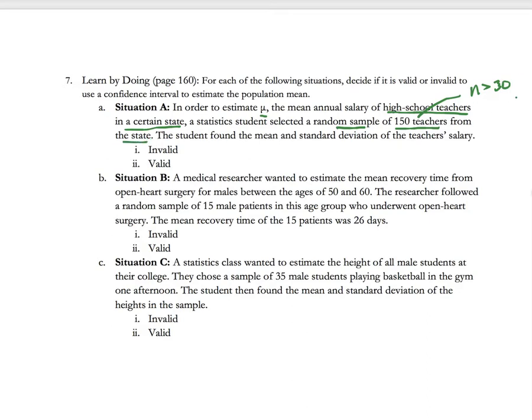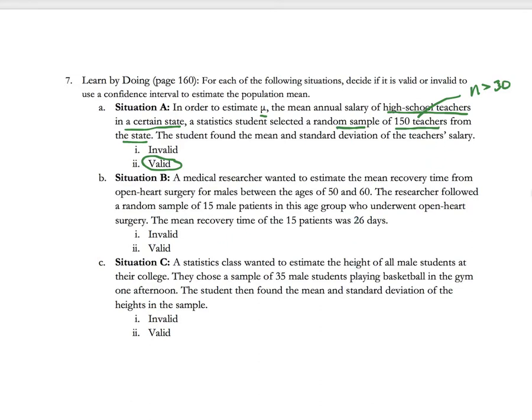Okay, we have a sample size greater than 30 of a random sample from our population. So this is a valid process to use for constructing a confidence interval. It would be a T interval, right? Because the student found the mean and standard deviation of the teacher's salary in this sample.